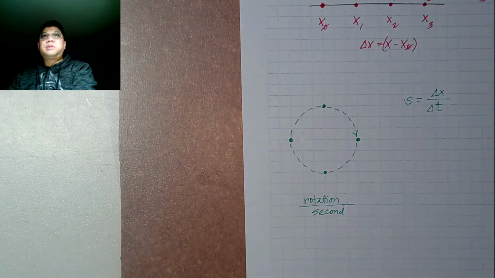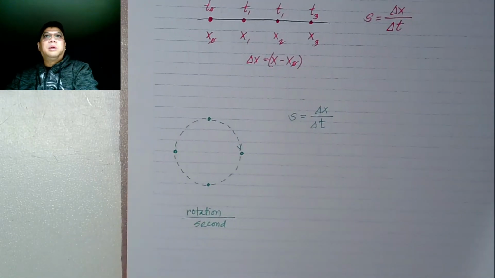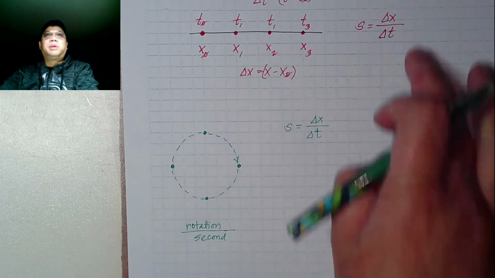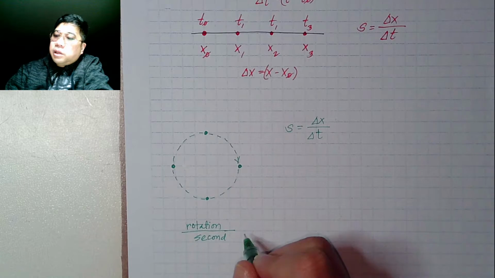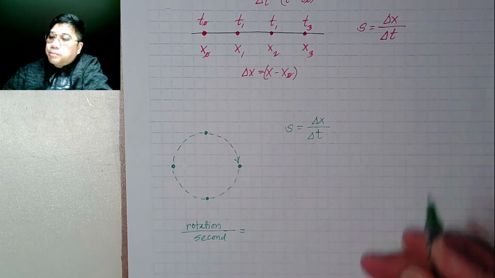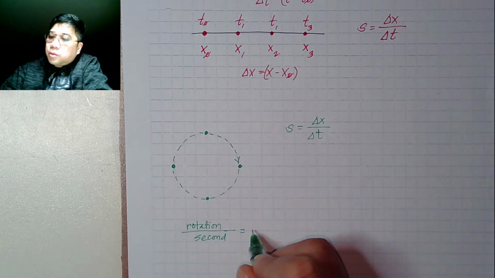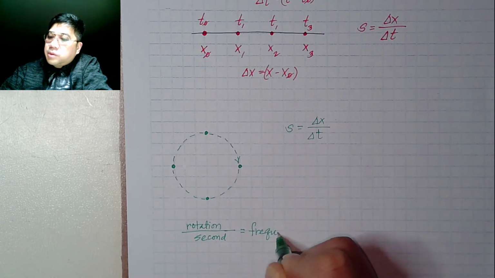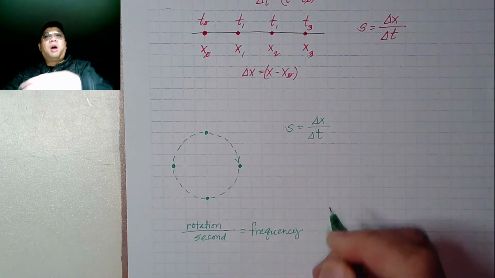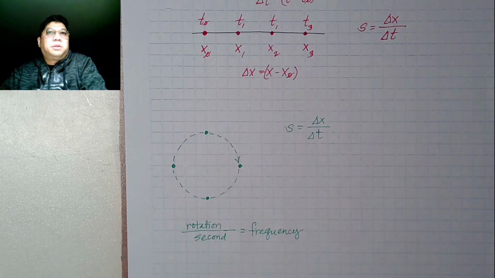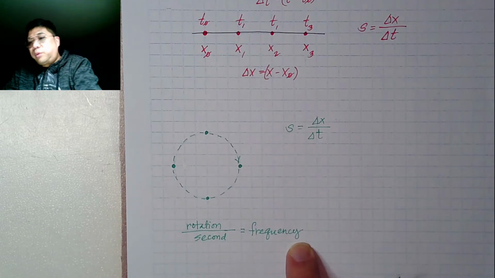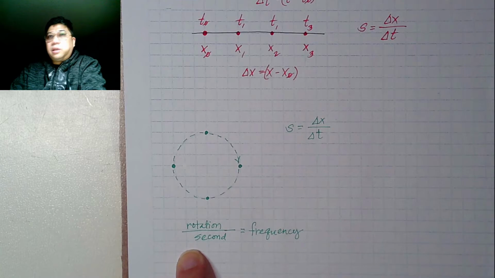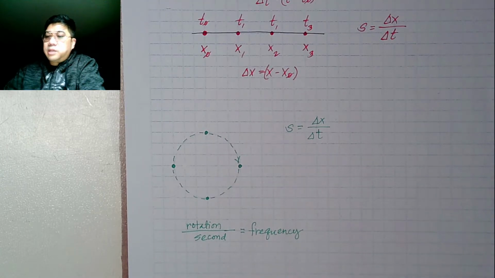Now that we have a background of what we're doing, rotation per second is actually also known as your frequency. Based on the definition of frequency, it is how often you repeat a certain action per unit time, per second. So rotation per second is your frequency, measured in hertz.